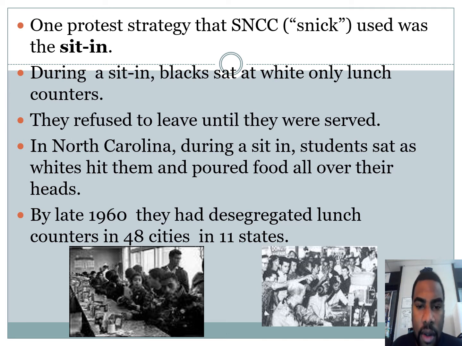During the sit-in, Blacks sat at white-only lunch counters. They refused to leave until they were served. In North Carolina, during a sit-in, students sat as whites hit them and poured food all over their heads. By the late 1960s, they had desegregated lunch counters in 48 cities in 11 states.